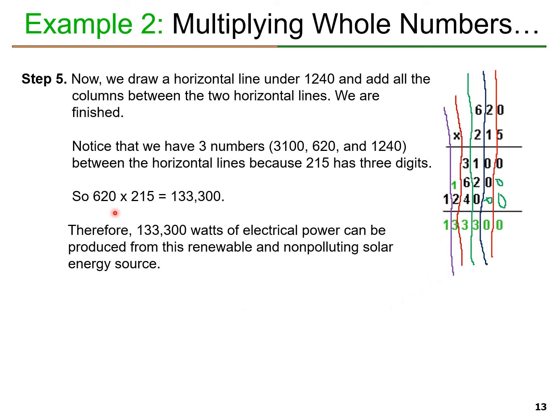So 620 times 215 is 133,300. Therefore, 133,300 watts of electrical power can be produced from this renewable and non-polluting solar energy source.